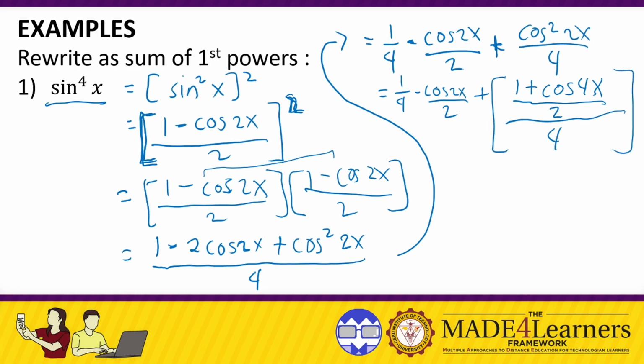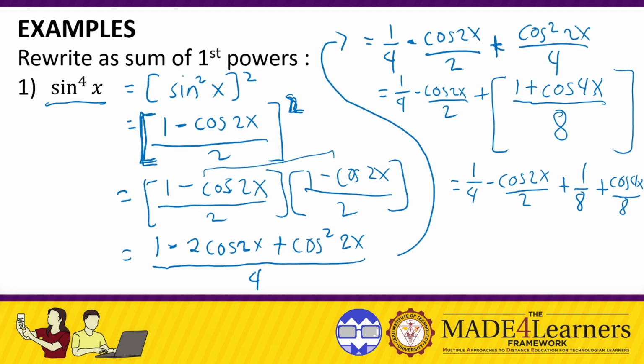We have 2 here, then it's divided by 4, so this becomes 8. So we have our final answer being 1 over 4 minus cos 2x over 2 plus 1 over 8. I just separated 1 plus cos 4x over 8 into 1 over 8 plus cos 4x over 8.